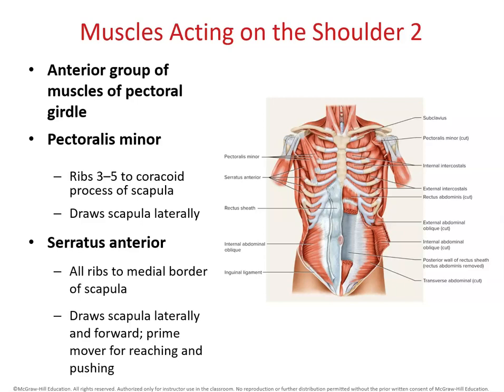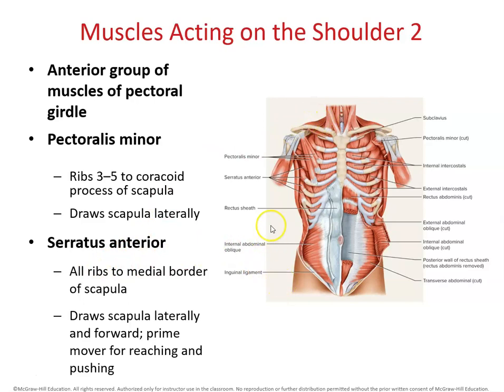So this pulls your shoulder blades back. Okay, so we can see it here. You've got your sternum and your collarbone, and here your pectoralis minor. There's rib 3, 4, and 5, and this is the front of your body with your sternum. These are going to allow you to pull your shoulder blades back.